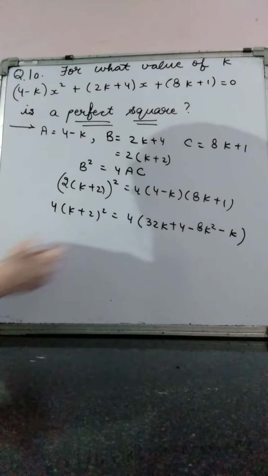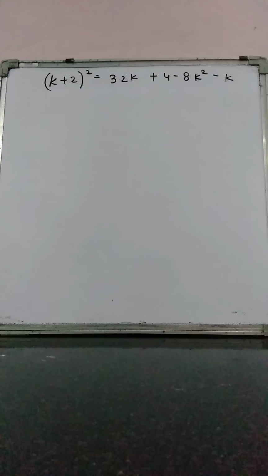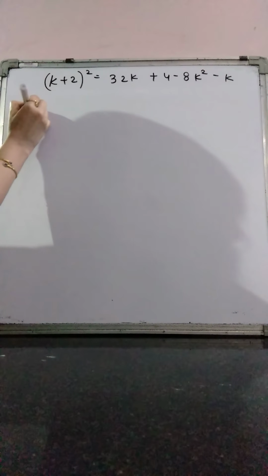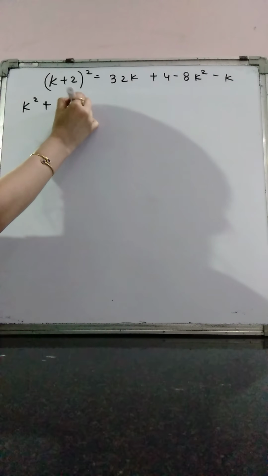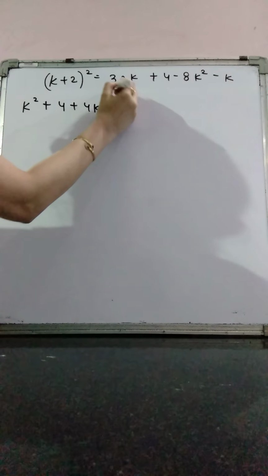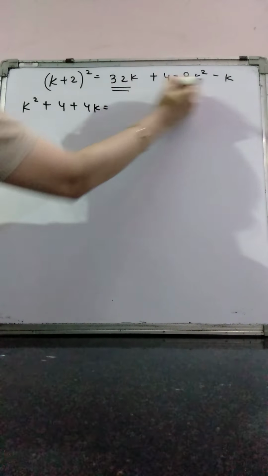Apply the identity here: (a plus b) whole square, that is a square plus b square plus 2ab. Now apply identity. It will be k square plus 4 plus 4k. 32k minus k will be 31k plus 4 minus 8k square.